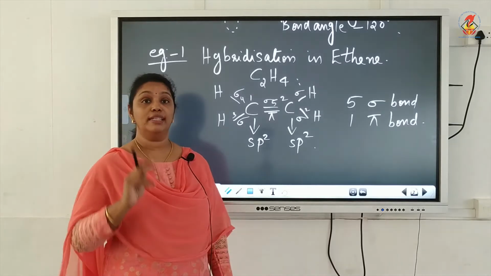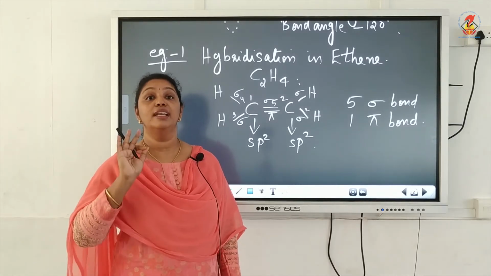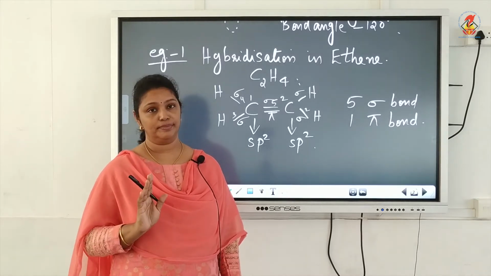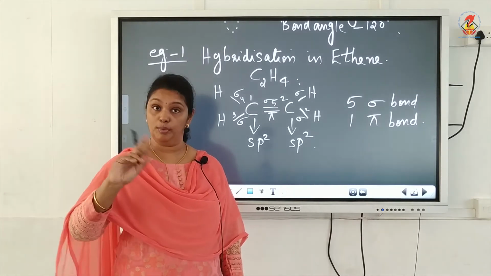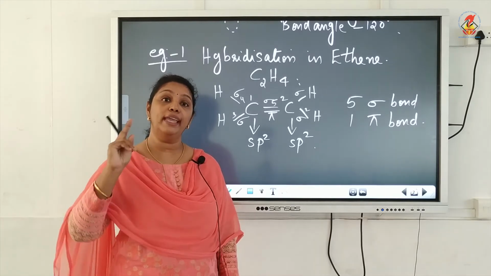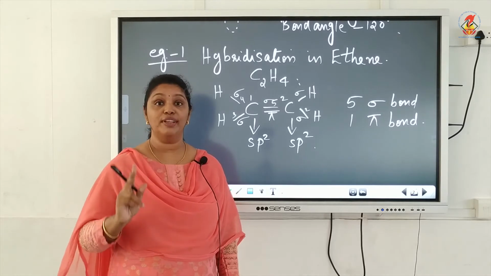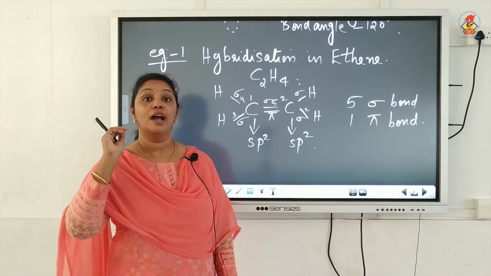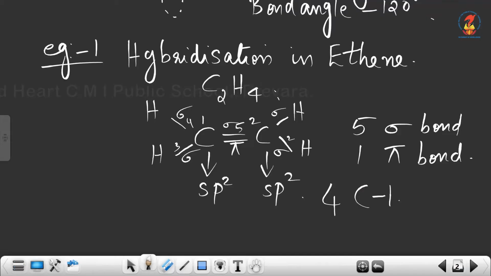If it's Sp2 hybridization, there are 3 hybrid orbitals of equivalent energy and shape. Now out of the 3 hybrid orbitals on both carbons, 2 hybrid orbitals on each carbon will overlap with the half-filled 1s orbital of a hydrogen atom to form 4 CH sigma bonds.